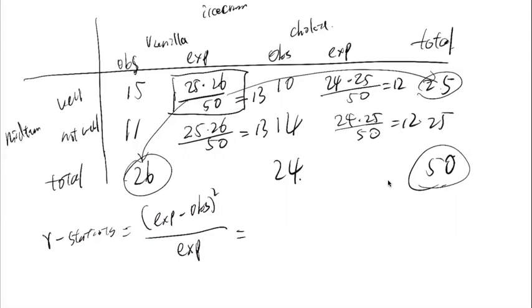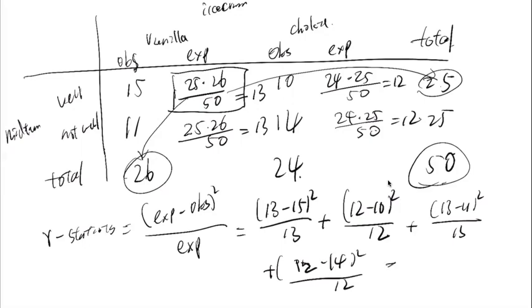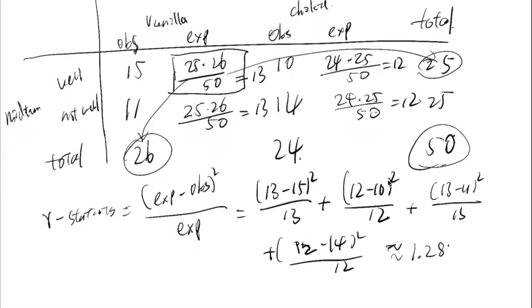So it will be 13 minus 15 squared divided by 13, plus 12 minus 10 squared divided by 12, plus 13 minus 11 squared divided by 13, plus 12 minus 14 squared divided by 12. If we calculate it out, that is roughly 1.28. So we can calculate our statistic.